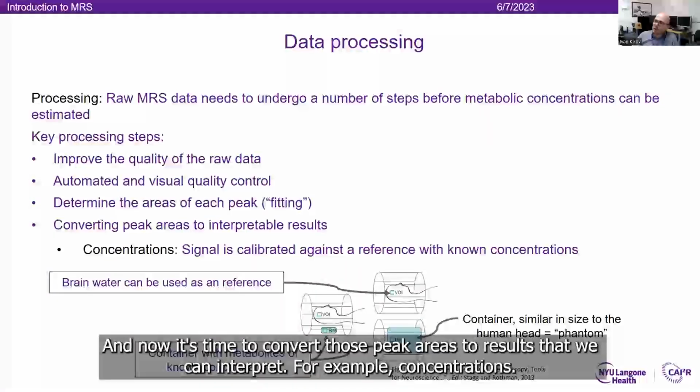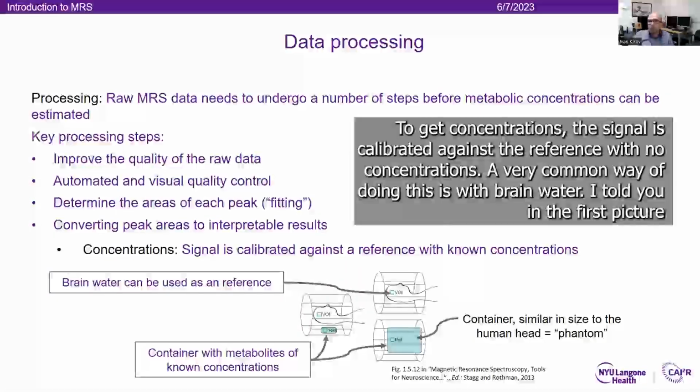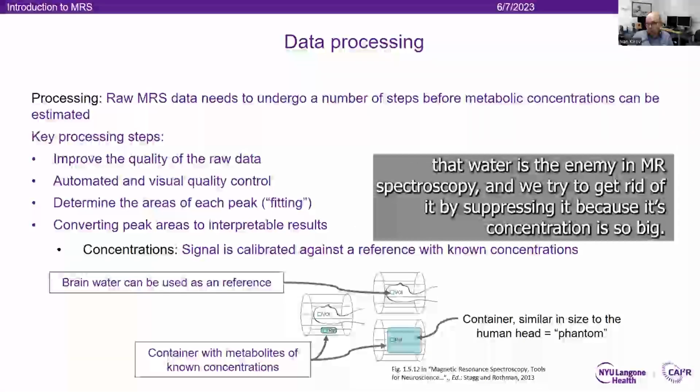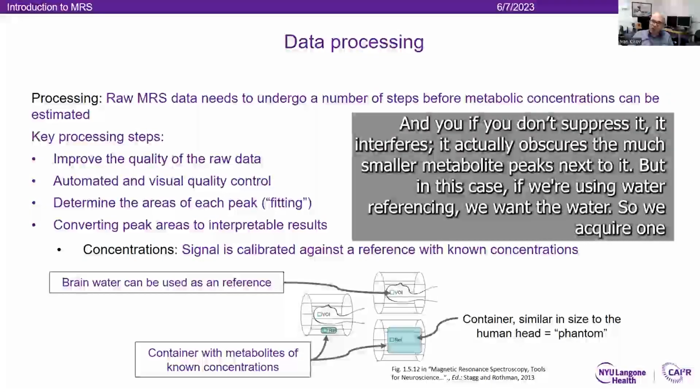A very common way of doing this is with brain water. I told you in the first lecture that water is an enemy in MR spectroscopy, that we try to get rid of it by suppressing it, because its concentration is so big that if you don't suppress it, it interferes.